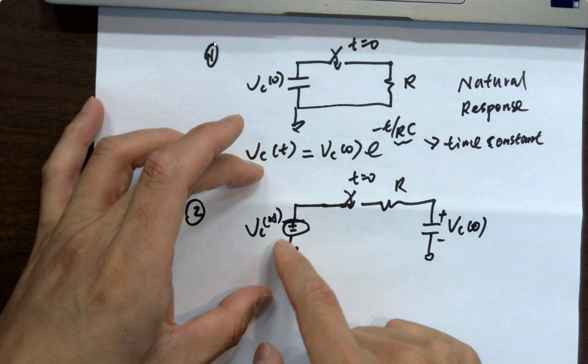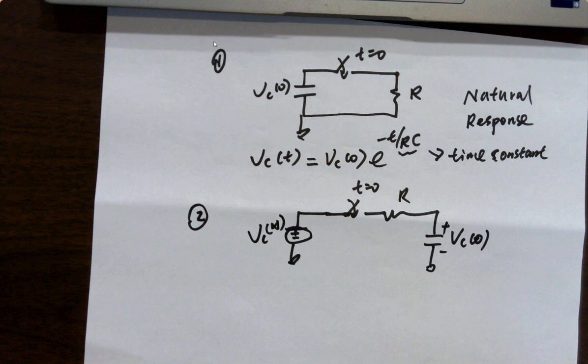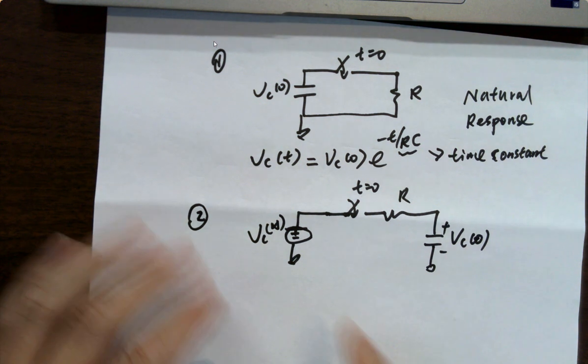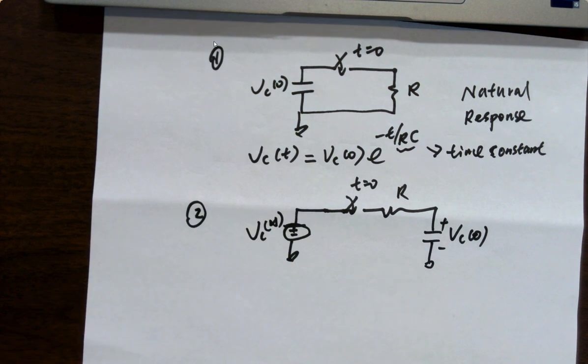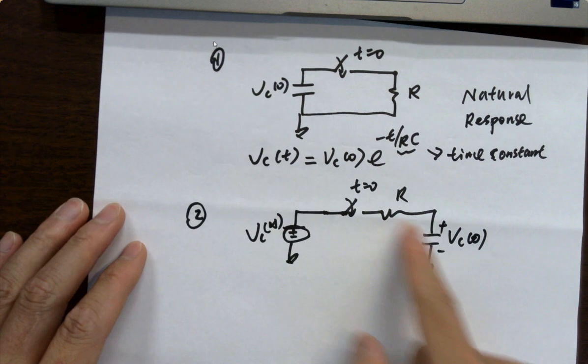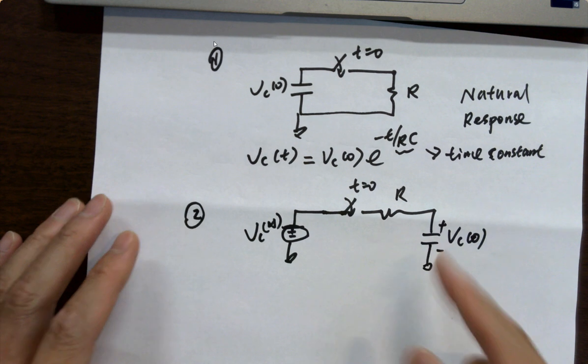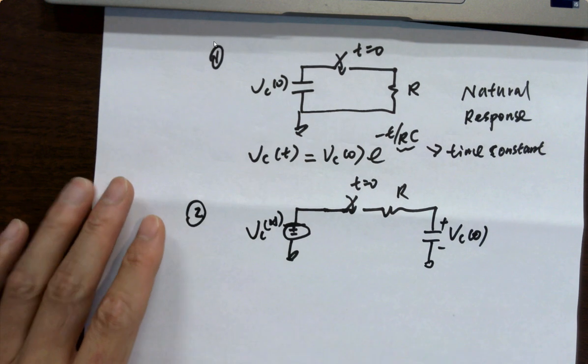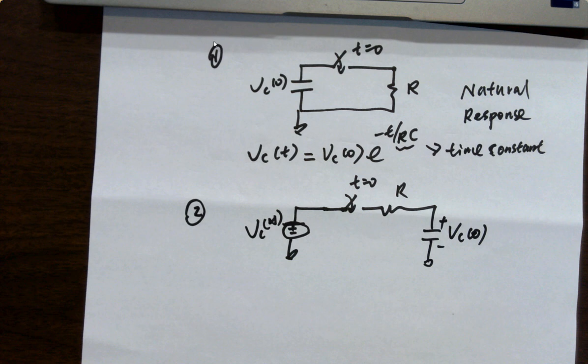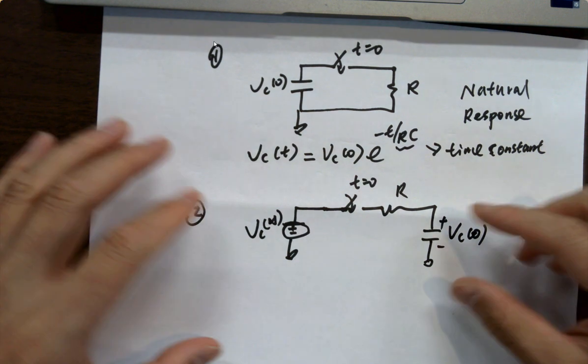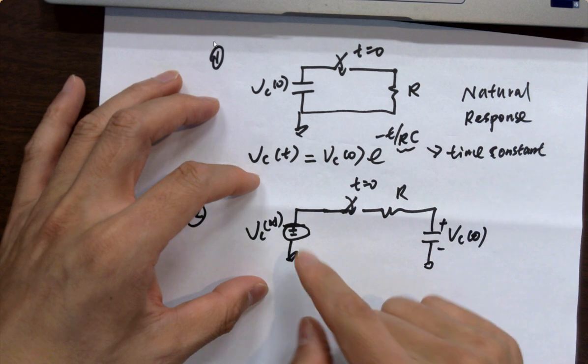It's gonna be the source, right? There won't be any current anymore. It's already fully charged. Like you have a water tank, or a pipe of water, and you are filling this bucket with water, right? It has a finite volume, so eventually it will be filled up. So eventually the voltage is not changing anymore.